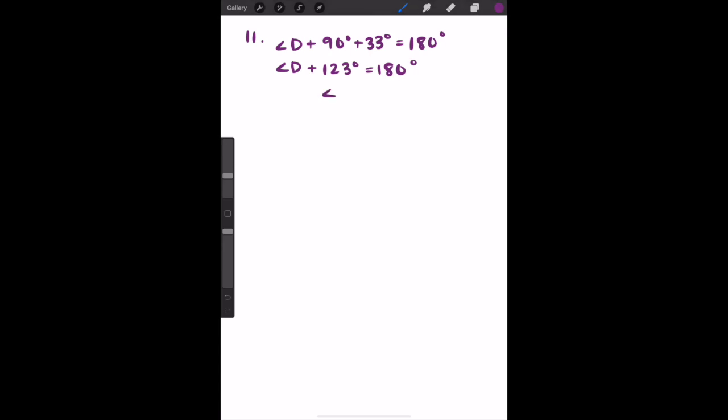Subtract 123 from both sides, and I end up with angle D equals 57 degrees. That makes angle G the smallest, angle D in the middle, and angle F at 90 degrees being the largest. And then list the sides opposite.